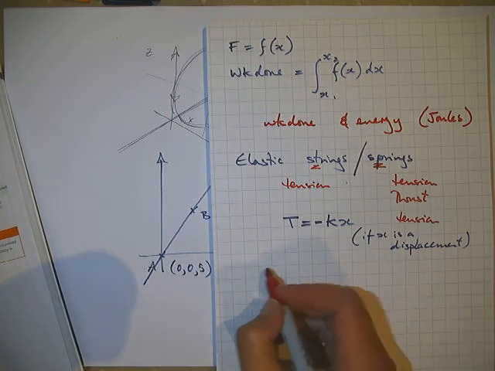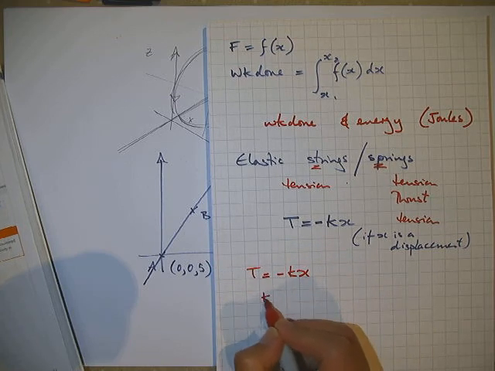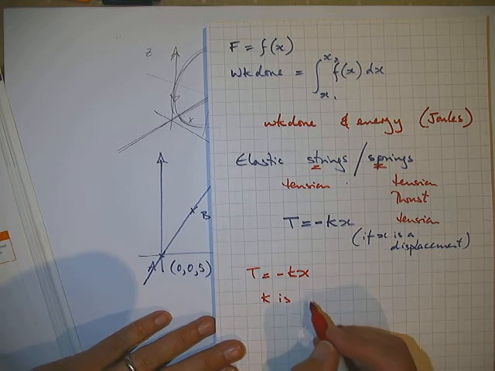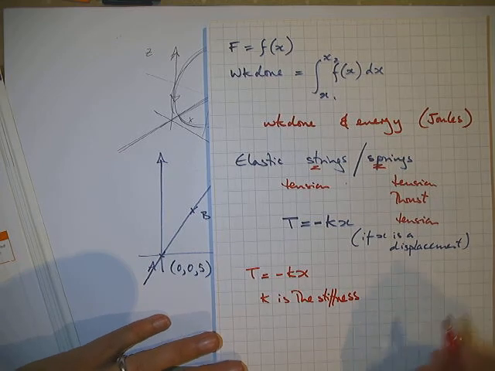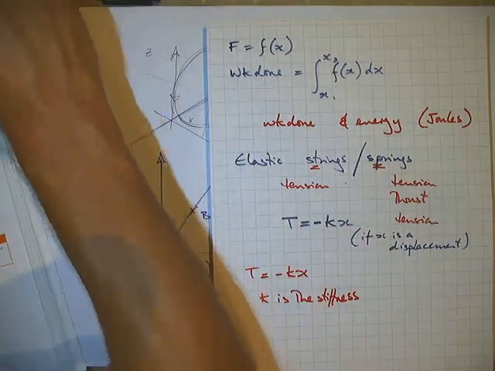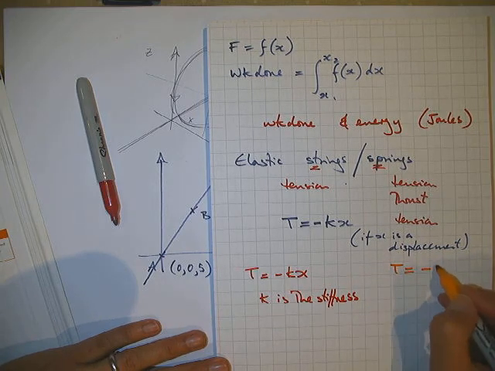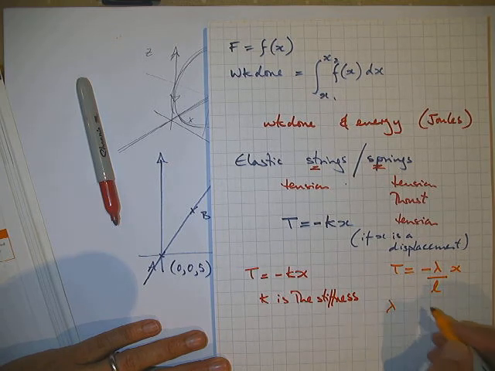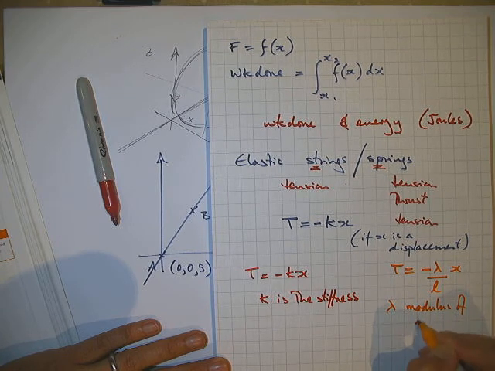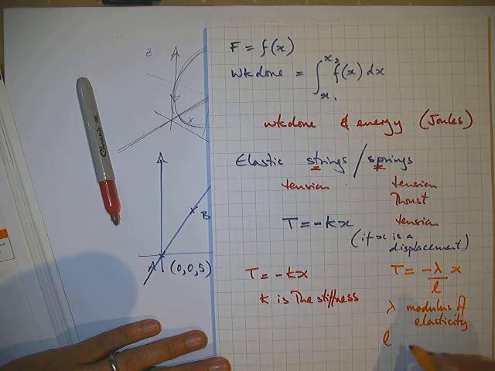We will either say T equals minus kx, where k is the stiffness, is one way of defining it, or in some questions we will replace the k by two different letters, lambda, the modulus of elasticity, and L, natural length.